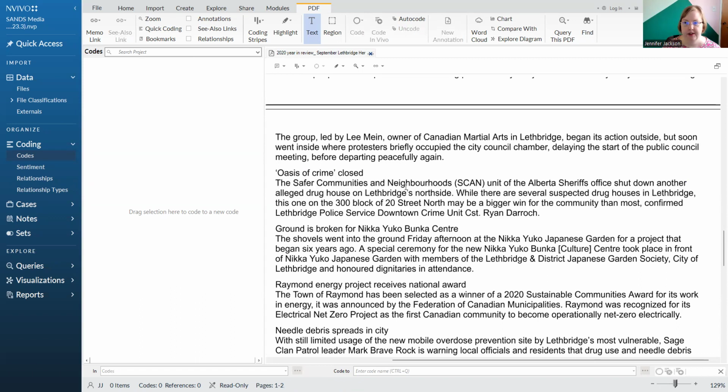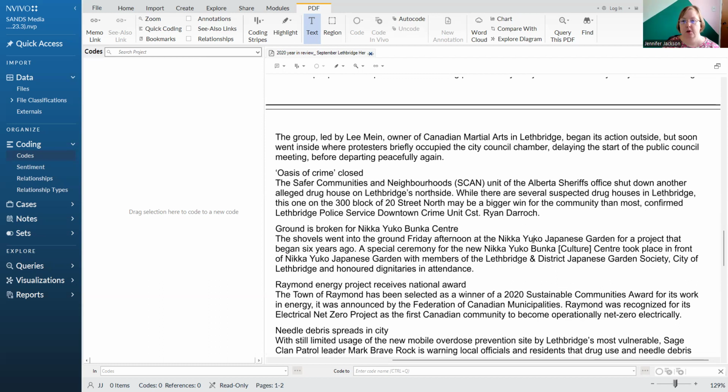The Safer Communities and Neighborhoods unit of the Sheriff's Office shut down another alleged drug house on Lethbridge's north side. Well, there are several suspected drug houses in Lethbridge. This one on the 300 block of 20th Street North may be a bigger win for the community than most. Confirmed. Lethbridge Police Service downtown crime unit constable.